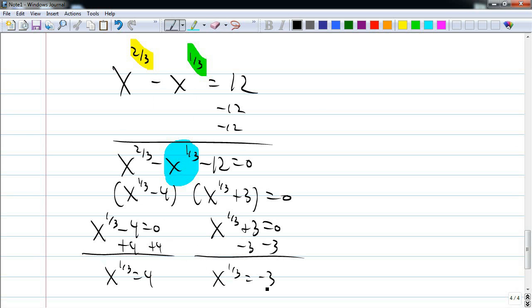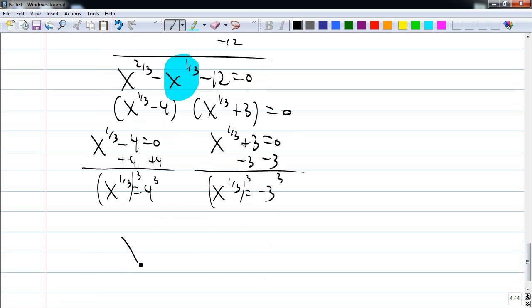And then to handle a 1/3 power, remember guys that this is a cube root. So I cube things to undo a cube root. So I get that x is 4 times 4 times 4 is 64. 3 times 3 times 3, negative 3 times negative 3 times negative 3 is negative 27.